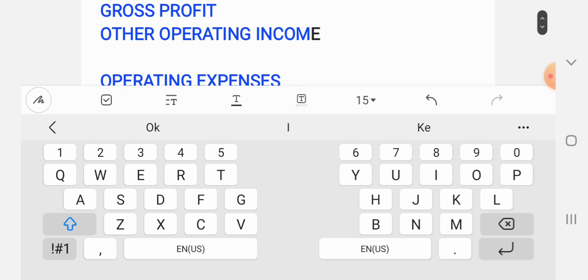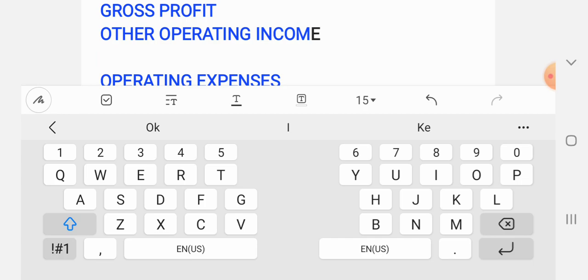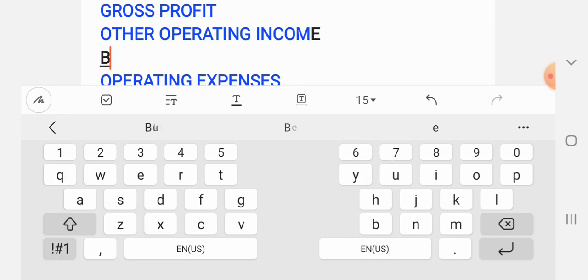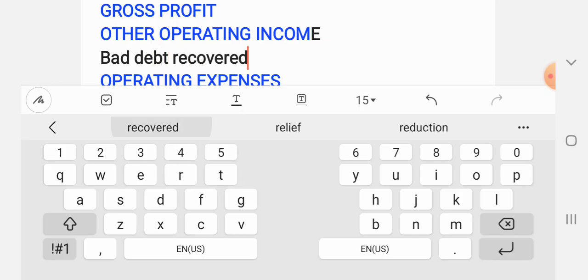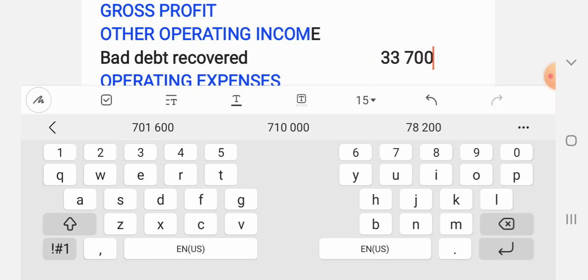So that will be written as bad debts recovered, and for that amount of bad debts recovered, we'll just write 33,700.